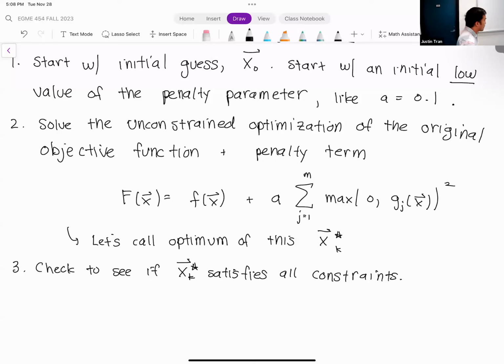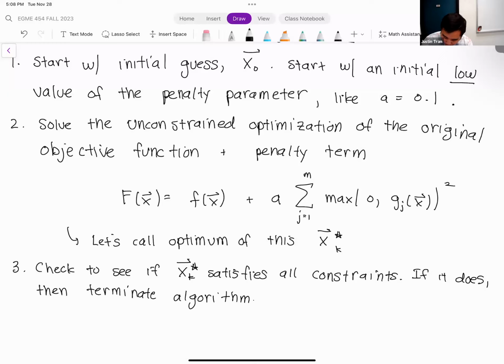Then we can just stop right here. So if it does, we can terminate the algorithm. The optimal point is xk star.